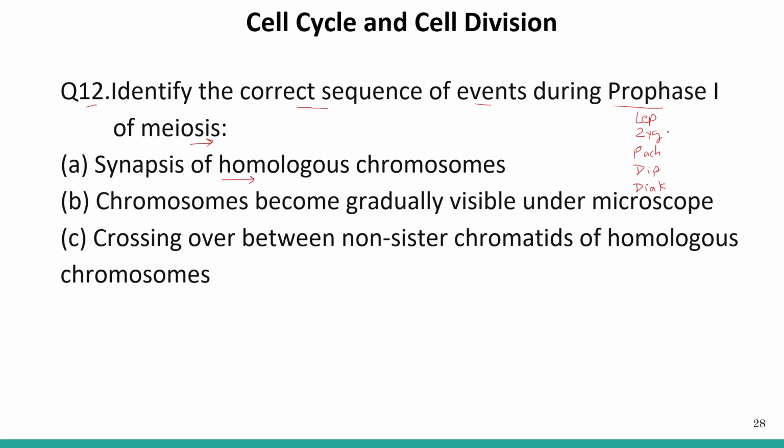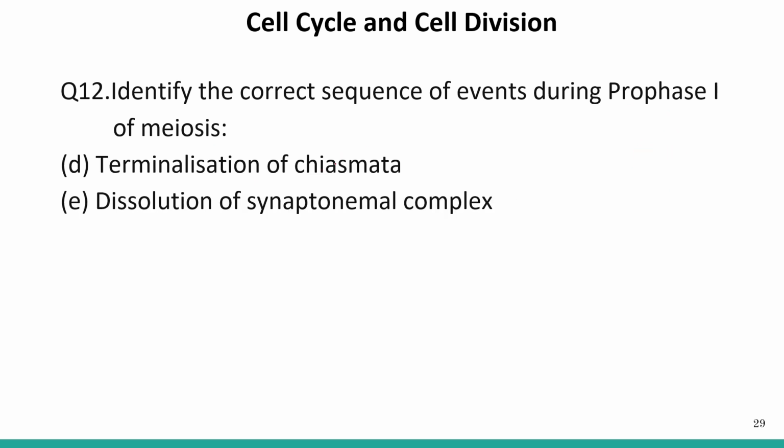This takes place during zygotene. Chromosomes become gradually visible under microscope, leptotene. Crossing over between non-sister chromatids takes place during pachytene. Then we have terminalization of chiasmata, which takes place during the last stage, diakinesis. Dissolution of synaptonemal complex takes place during diplotene.